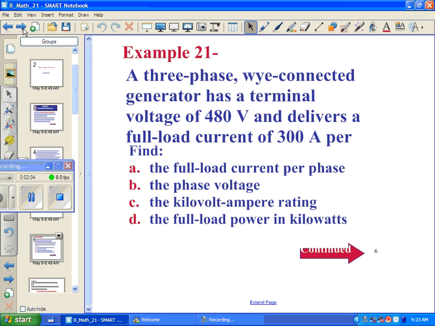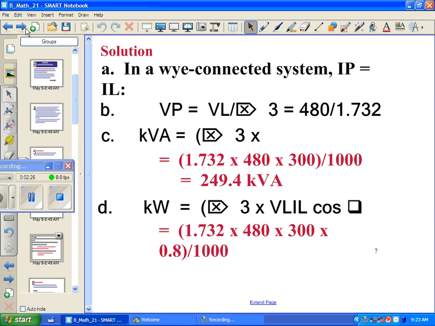So when it says find the phase voltage, what is it telling us when they call it the terminal voltage of 480 volts? Is that a line voltage? And then the kVA rating and the full load power in kW. So then that's talking about true power, right? So now we're talking about triangles, yes? Yeah. Okay, that's possible. Let's look at the next slide.